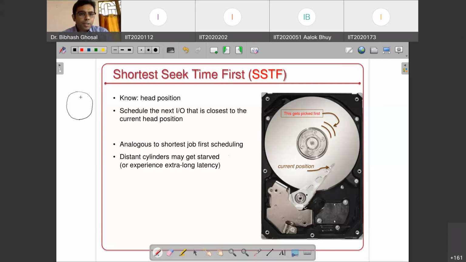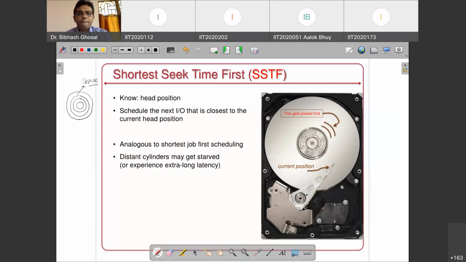Now, interestingly, this disk has a number of concentric circles, and these concentric circles are called tracks. It may not be visible in the diagram shown, but the ones shown in brown are the tracks.